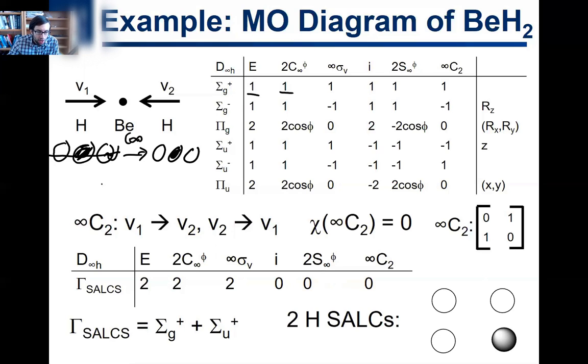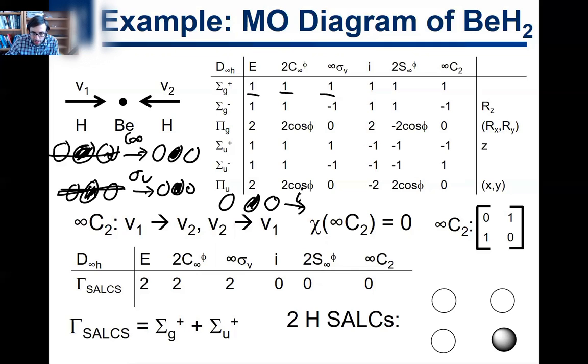That gives a 1. What about a sigma v? Sigma v is a mirror plane through here. So again, that's going to get back the same thing. That's why you have a 1. Now, what about inversion? Okay, inversion, you're going to put left to right and right to left.